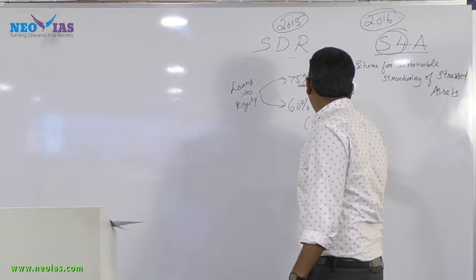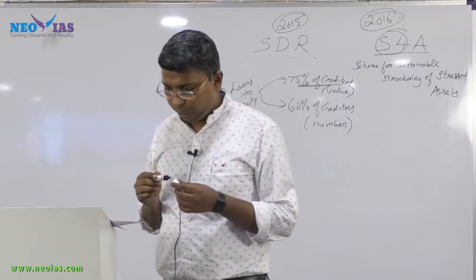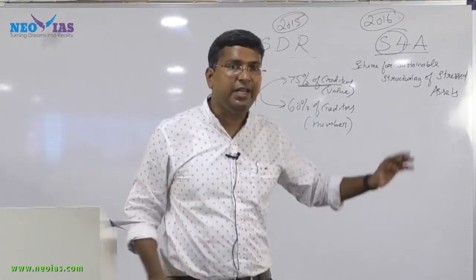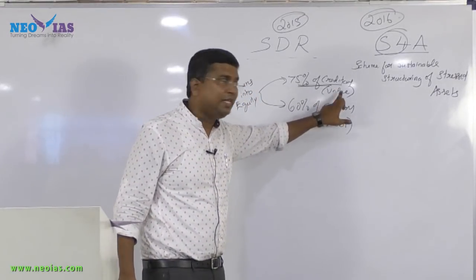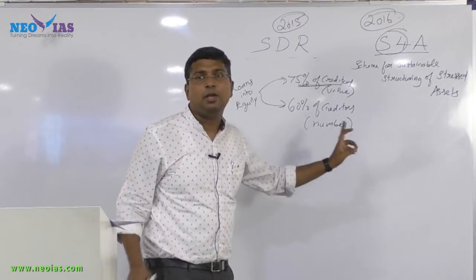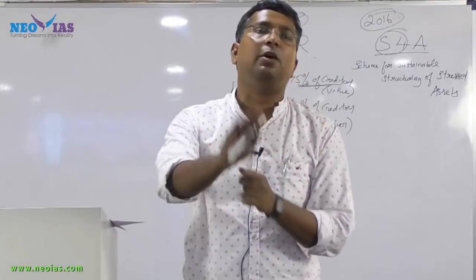It's a very, very important fact. Be very clear: first it is talking about value, second it is talking about number. Both have to be satisfied, then only the strategic debt restructuring will happen.